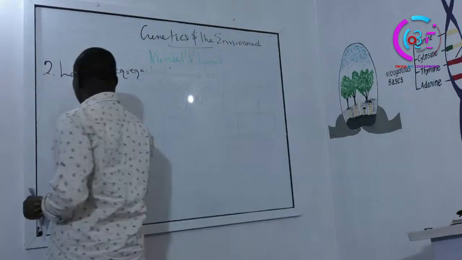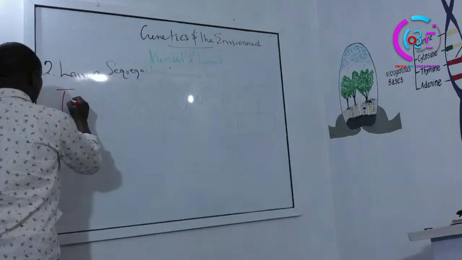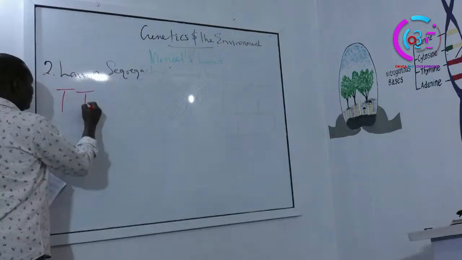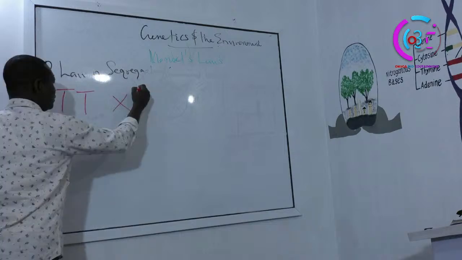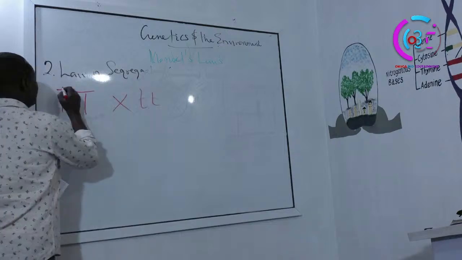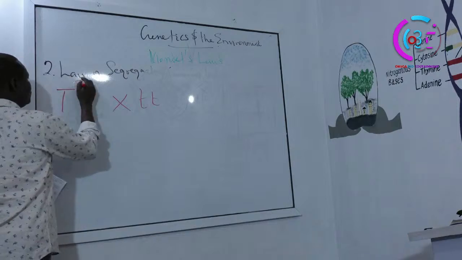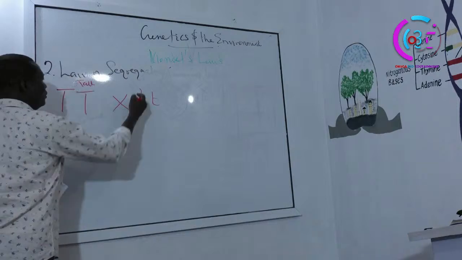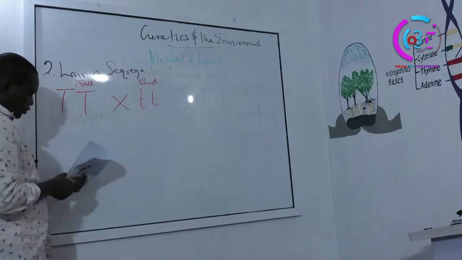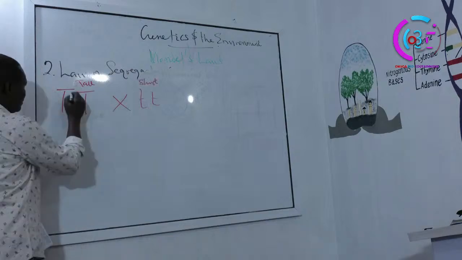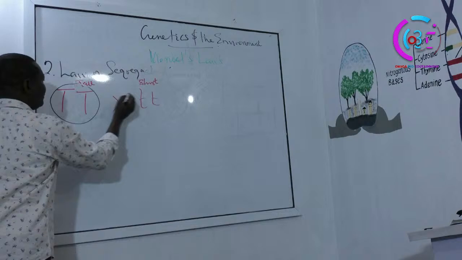Now, the first thing is that when you cross this with this, this is tall, this is tall, and this is short. If you cross, so in the gamete, this is the parents.